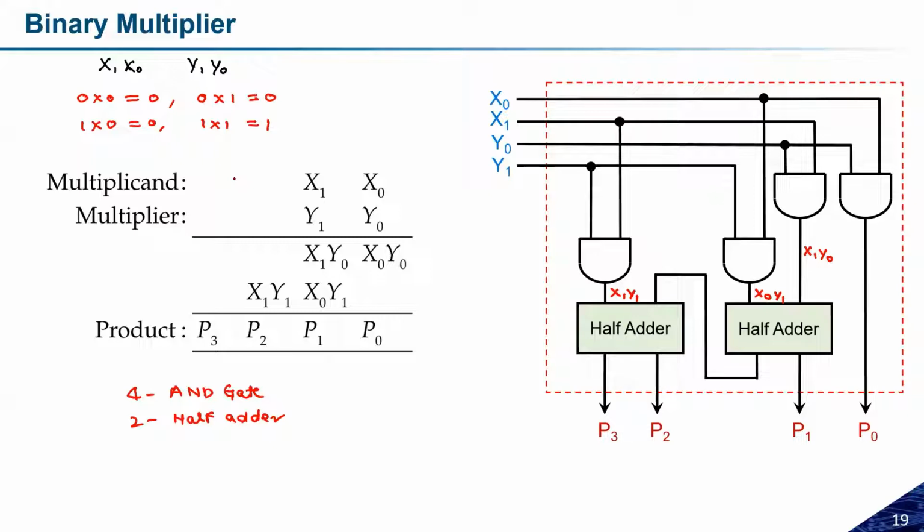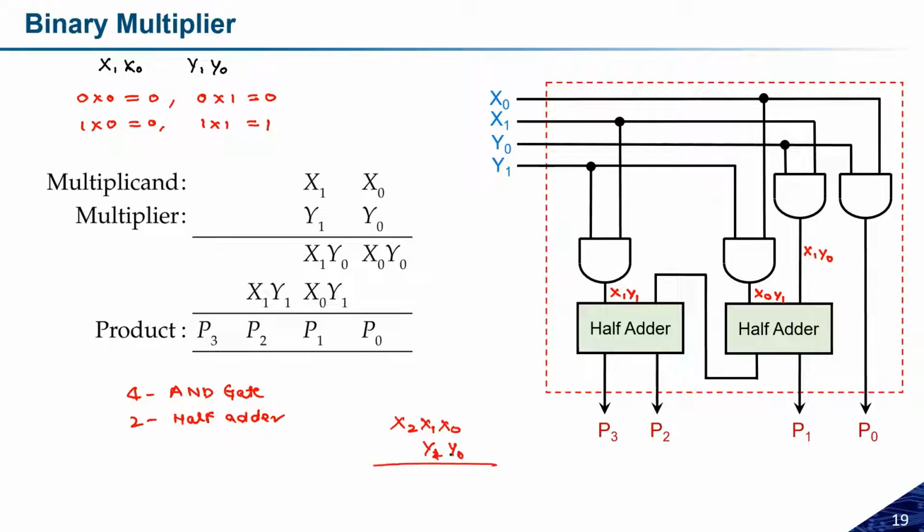Similarly, the same procedure can be followed for 3-bit multiplication. Suppose I have a number something like x2, x1, and x0, and I want to multiply it with, let us assume, y2, y1, and y0.